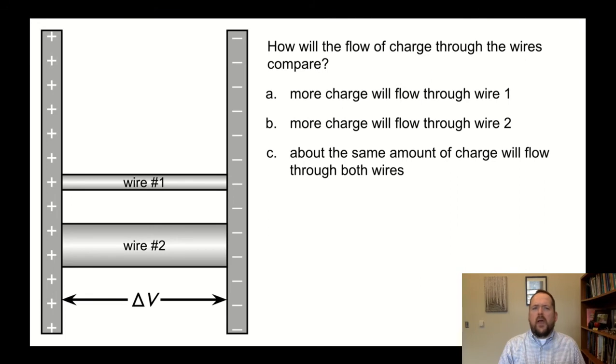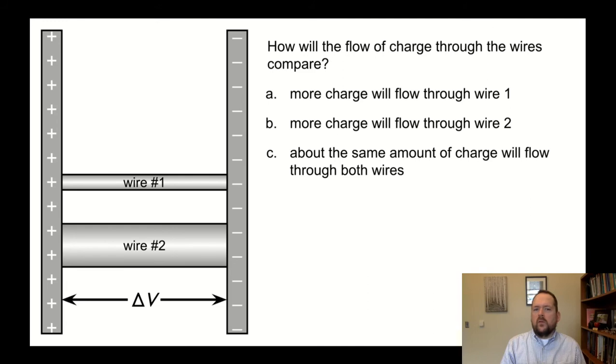All right, case number 2. What happens now if I have two wires that are made of the same material, silver, copper, what have you, but wire 1 is a small diameter wire and wire 2 is a large diameter wire? How do you think the flow of charges through those wires are going to compare? More charge through wire 1, more charge through wire 2, or the same amount of charge through both wires?